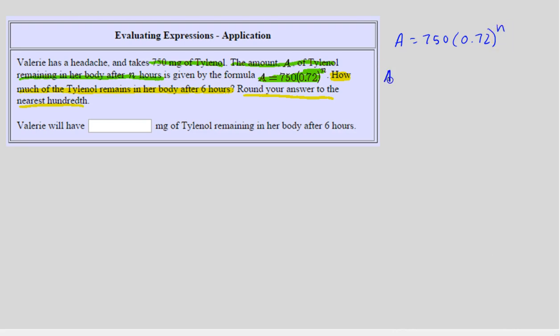So notice we have a capital letter A and a little letter n. Here, notice it says the amount A of Tylenol remaining in her body. So this is amount of Tylenol remaining in her body, and it says after n hours.